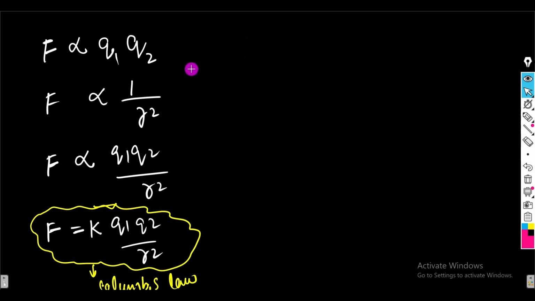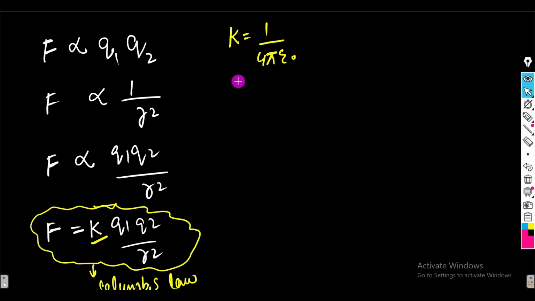Now we will discuss what this K is. Okay, here in this Coulomb law, what is this K? K depends on the environmental condition. Here K is equal to 1 over 4 pi epsilon naught. In this case, we consider that the experiment is conducted in vacuum, and the permittivity of the vacuum is epsilon naught.